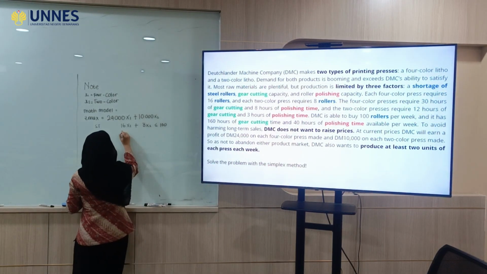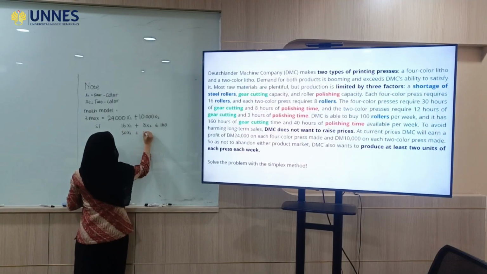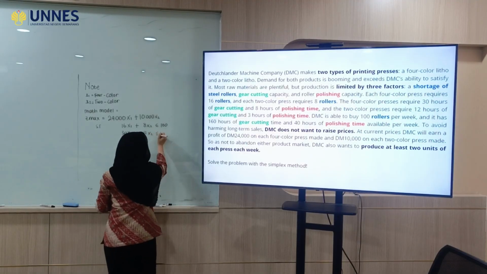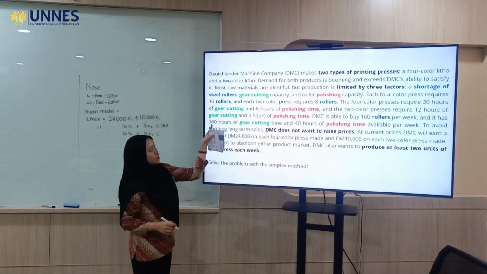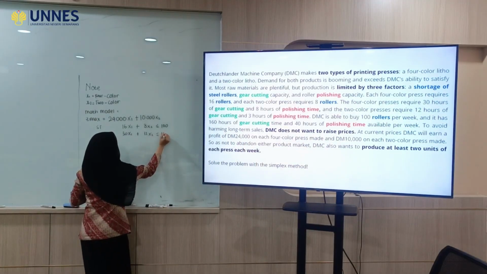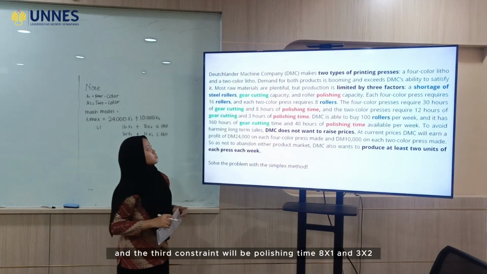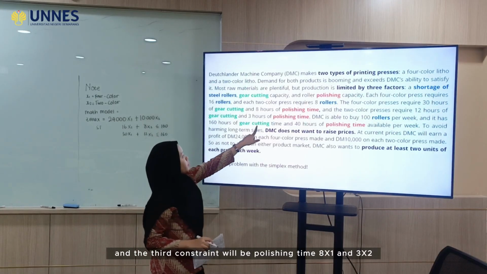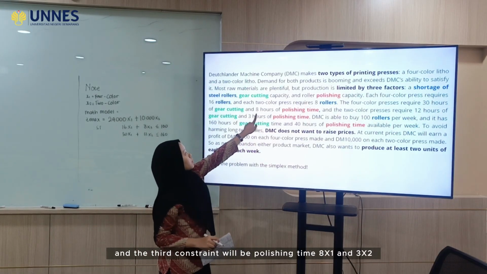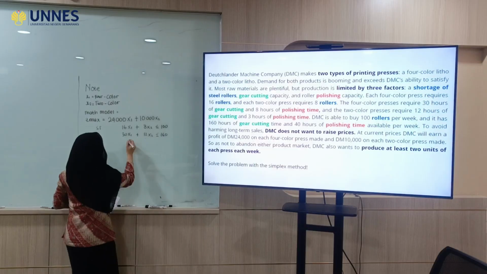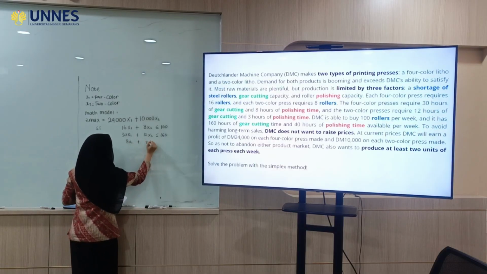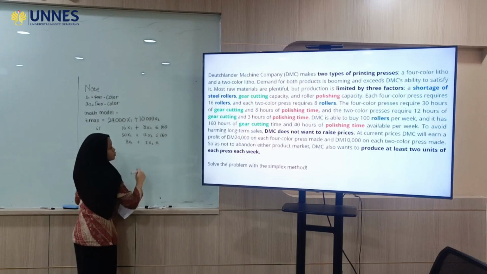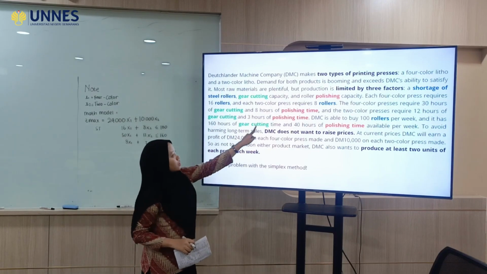So here, 30x1 plus 12x2 less than or equal to 160. And the third constraint sequence will be the polishing time here: 8x1 plus 3x2 less than or equal to 40.